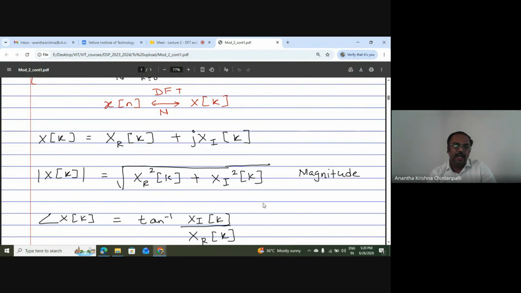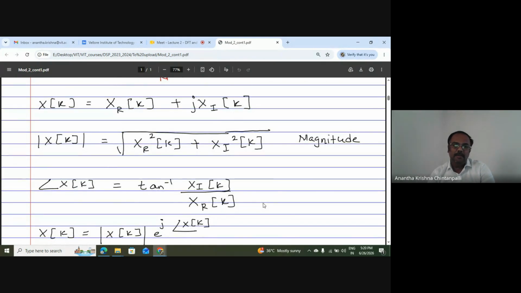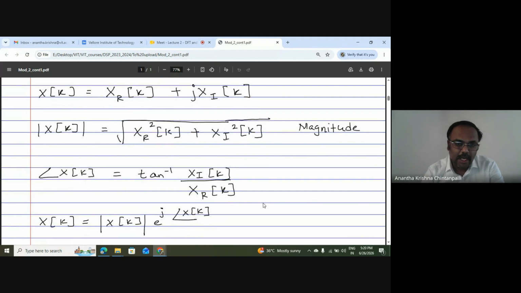If I want the angle, it is nothing but tan inverse of the imaginary part divided by the real part. If I want to write the magnitude and the angle together, then capital X of k is going to be the magnitude of X of k, e to the power of j, angle of capital X of k.